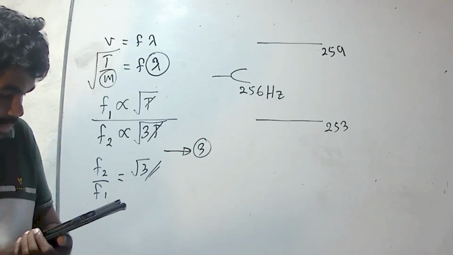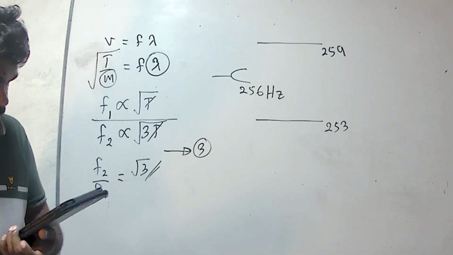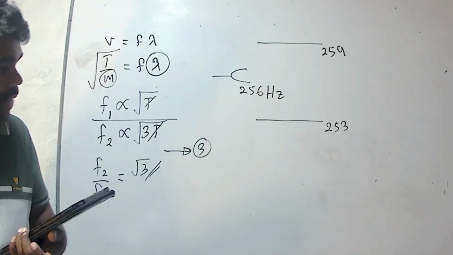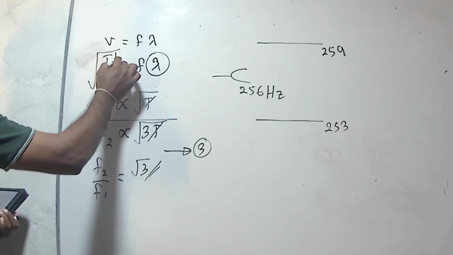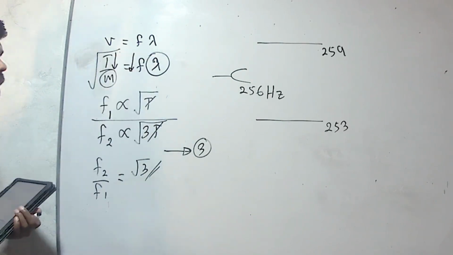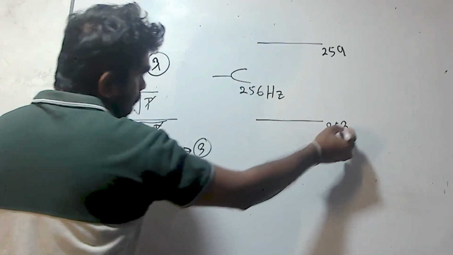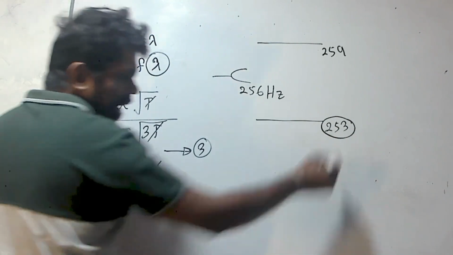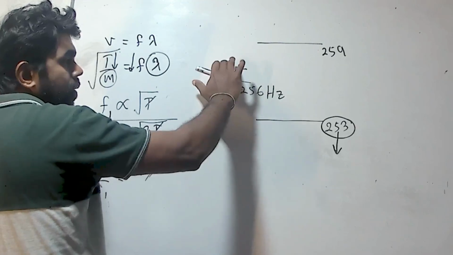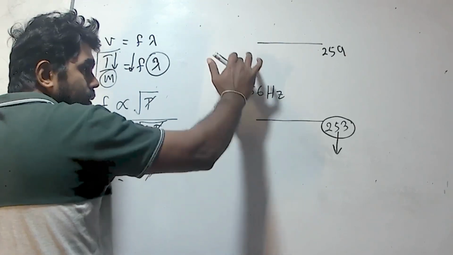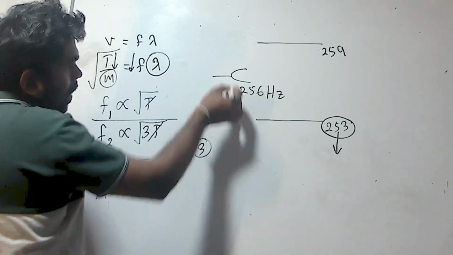Then they have given that when the tension of the wire is reduced, again 3 beats per second were heard. We know that when decreasing tension, frequency should decrease. Therefore, if we consider 253, then decreasing frequency, the gap of frequencies between the wire and tuning fork should be greater than the previous value.